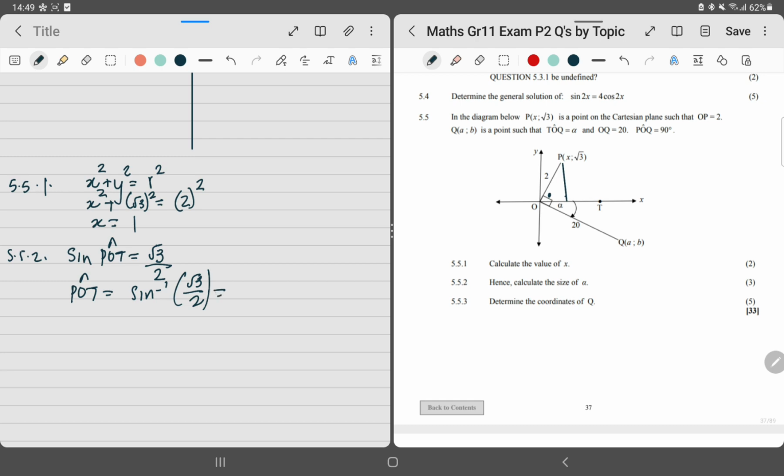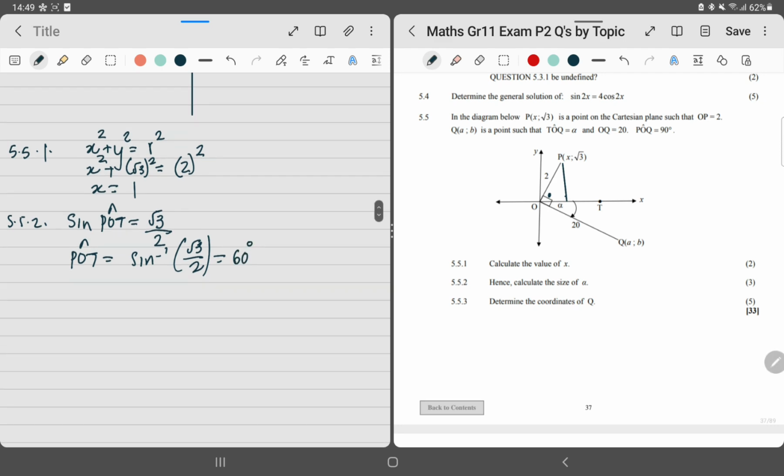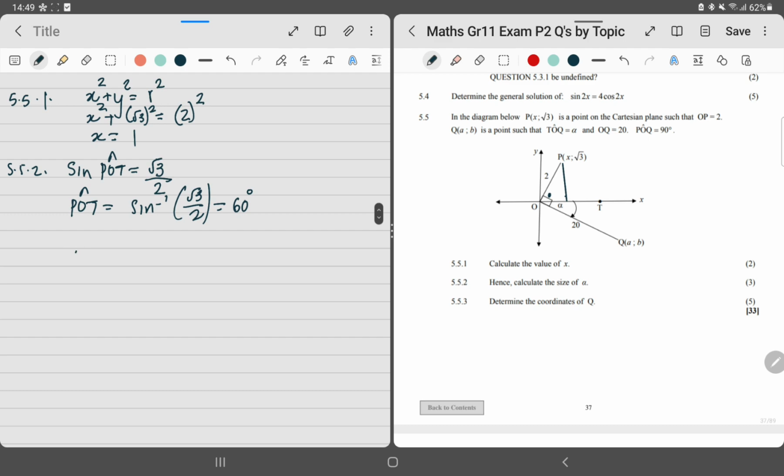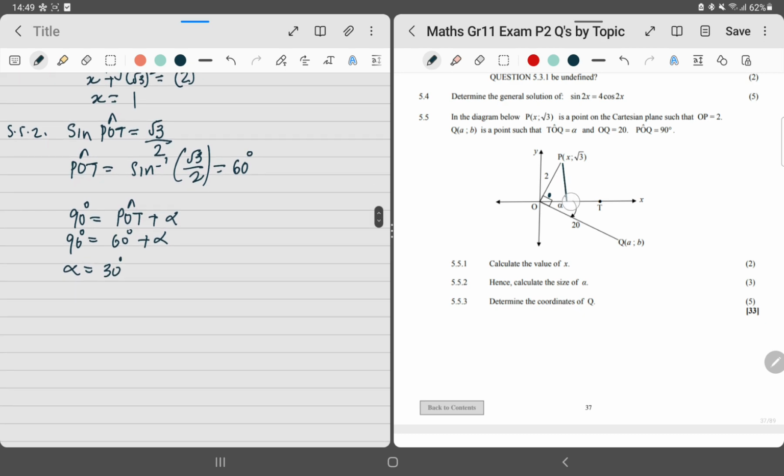This is 60 degrees. So we said the whole of 90 degrees should be POT plus alpha. This is 90 degrees, which is equal to POT, which is 60, plus alpha. So our alpha is equal to 30 degrees. So this is 60 and that's 30 degrees.